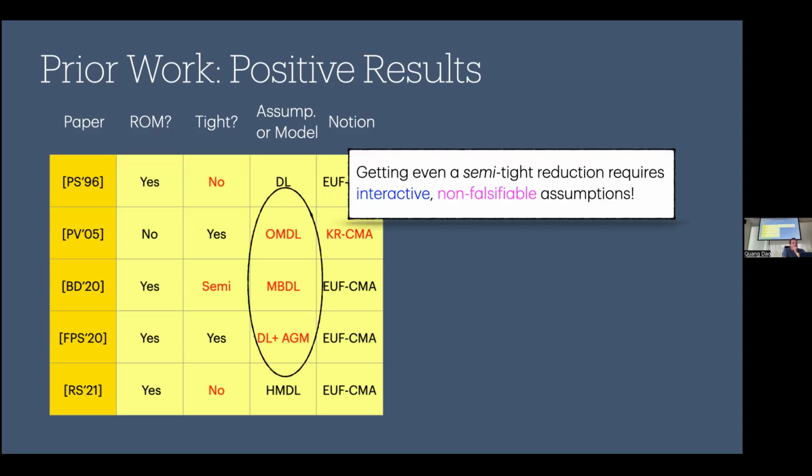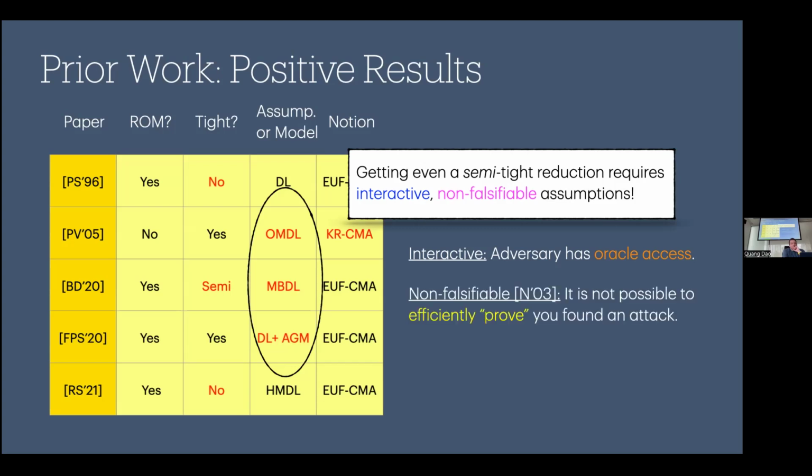Okay, so my main point from this slide is that getting even a semi-tight reduction currently requires interactive, non-falsifiable assumptions. What does that mean? I guess you probably know what interactive means. It means the adversary has some oracle access. And non-falsifiable means it is not possible to efficiently prove you found an attack.